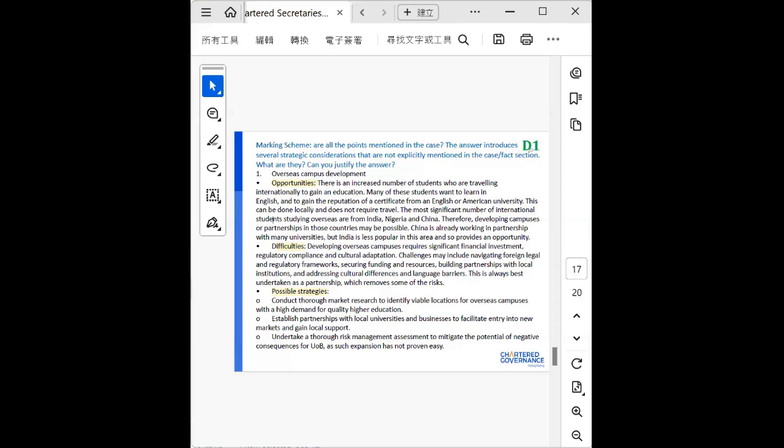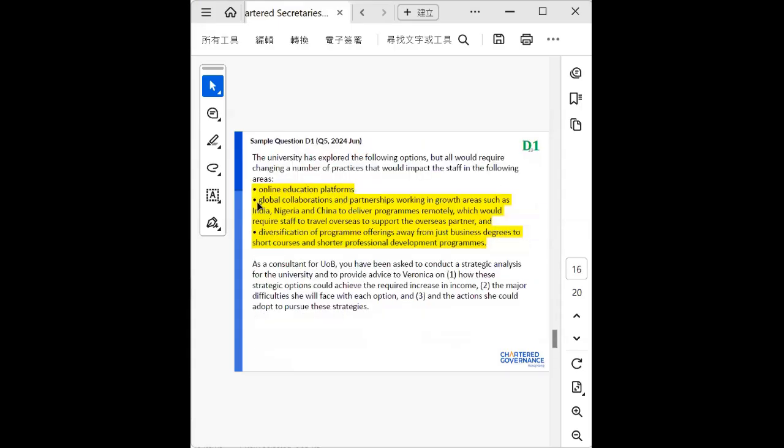For example, it doesn't say very clearly that you have to have a physical overseas campus, but that's suggested in the terms here. It says global collaborations. I mean, this phrase, overseas campus development, is actually this one: global collaboration and partnering through growth in areas which would require staff to travel overseas and work with overseas partners.